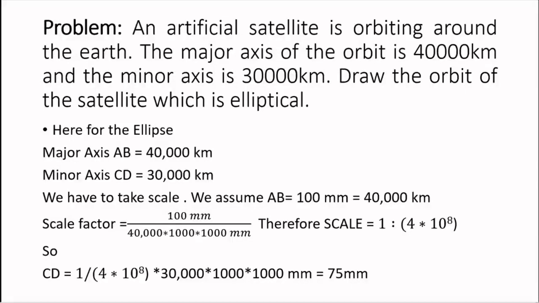So when I multiply the scale factor 1:4 × 10^8 into 30,000 × 1000 × 1000, I get a total length of 75 mm, that is the minor axis length on the drawing. So I'll be getting 7.5 centimeters or 75 mm on the drawing for the minor axis length.